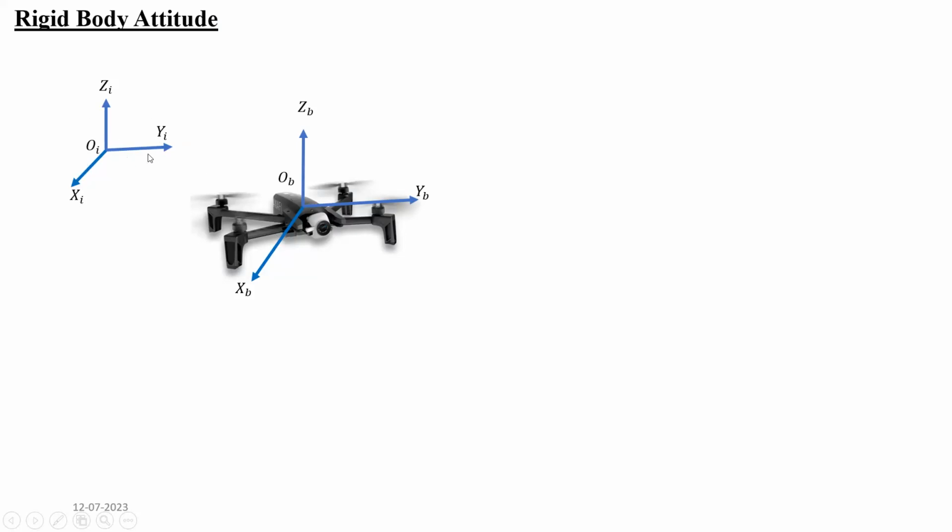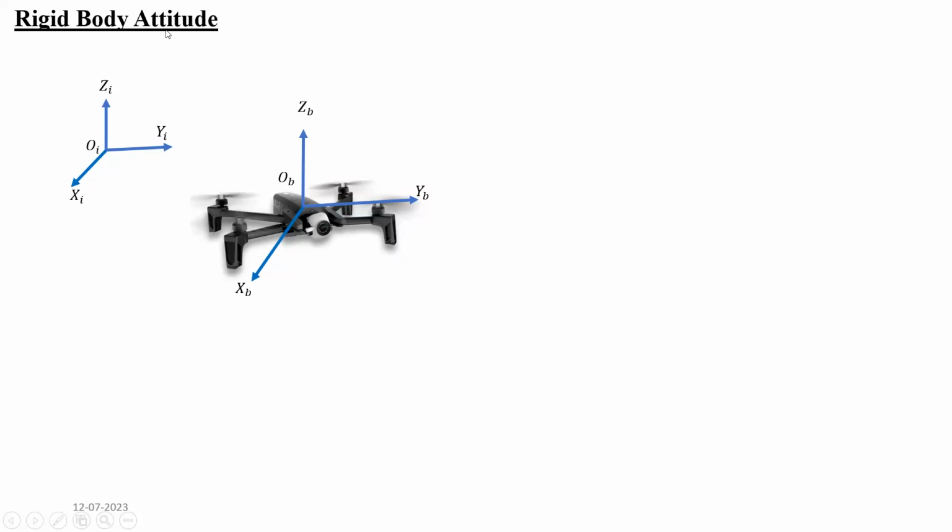The inertial coordinate frame will be fixed at some point somewhere, but the body coordinate frame will be fixed to the body's center of mass. I'm assuming this is a rigid body, unless we go for a multiple mass or distributed mass body. So this body coordinate frame is attached to the center of mass and will rotate with the body, or any drone.